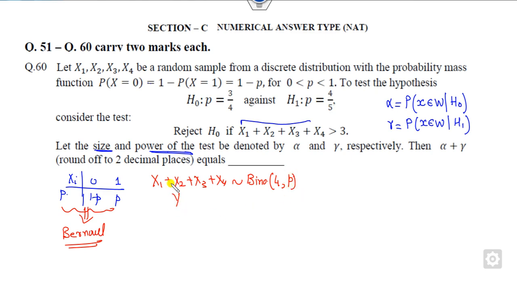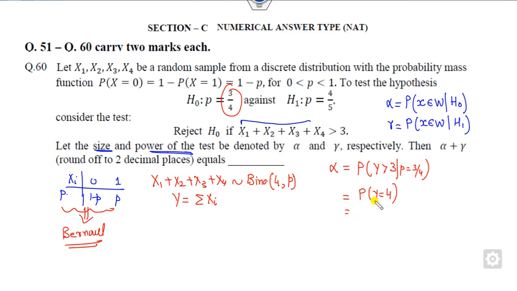So if I consider Y as the sum of the Xi, then I can start with the alpha. That is Y greater than 3, under H0 where p is 3 by 4. Since you have 4, I can write this as Y equals 4.